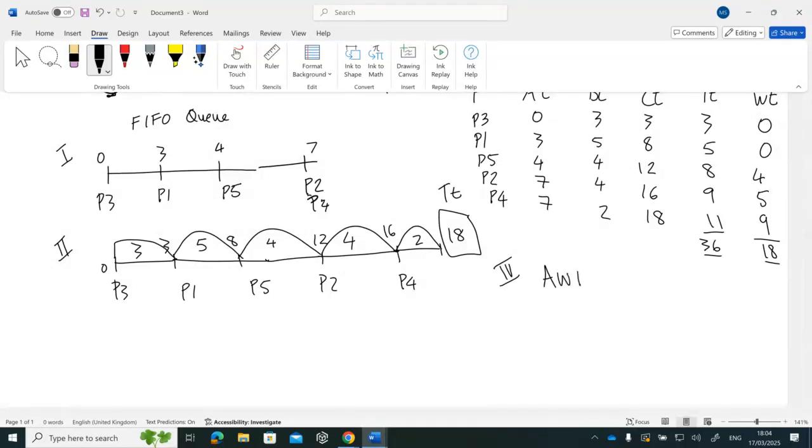The average waiting time. How much? 18 divided by 5, right? So how much? 3.6.